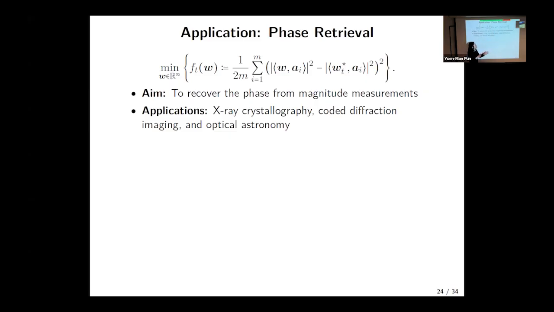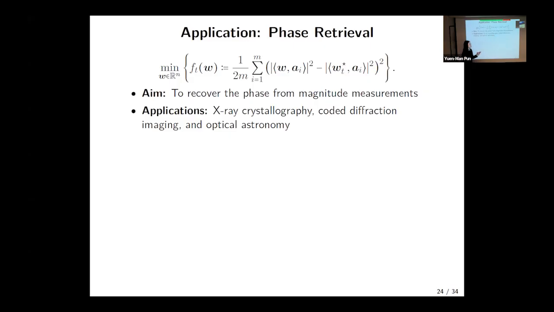Having these signals, we have the quadratic magnitude measurements of the ground truth with the signal vector a_i here. And of course, our goal is to find a W that can best fit the magnitude measurements. And W is the phase here.